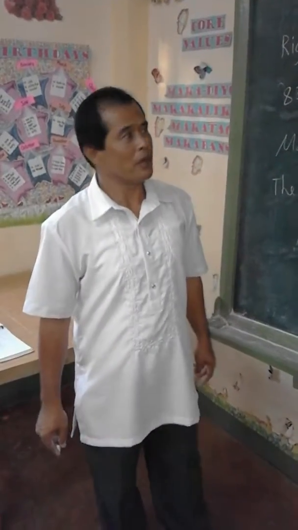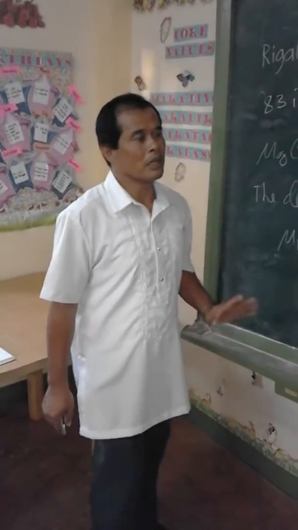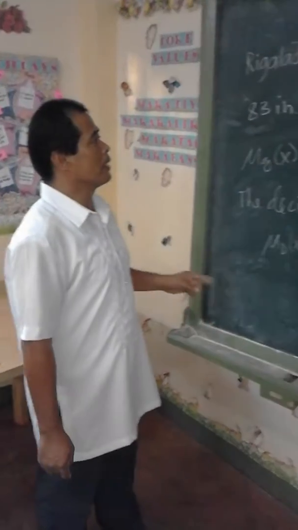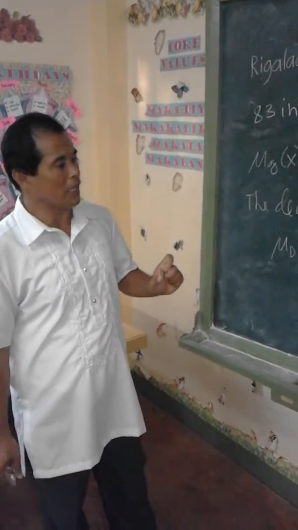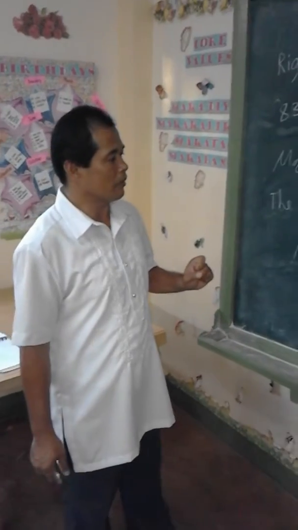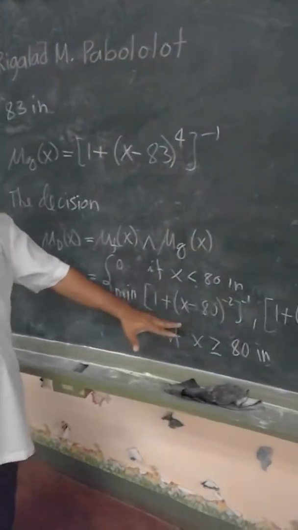The continuation of my report. Last time, if the grain girdle is 30, we have this formula.